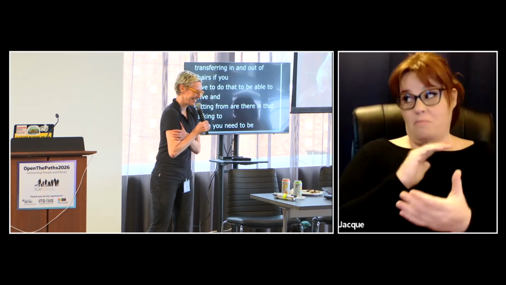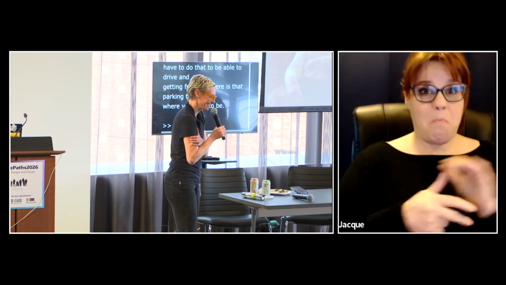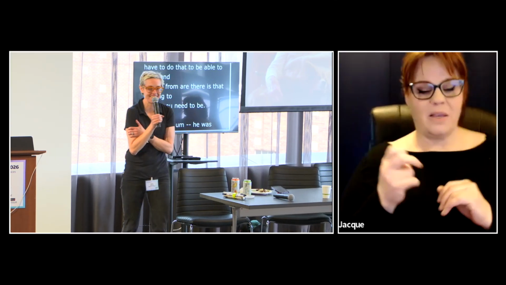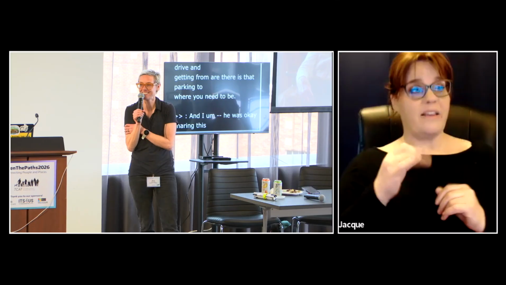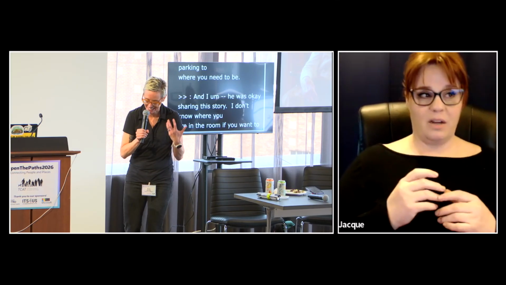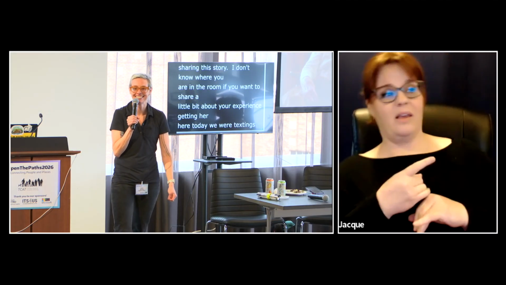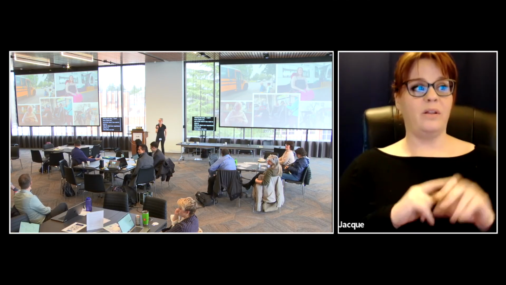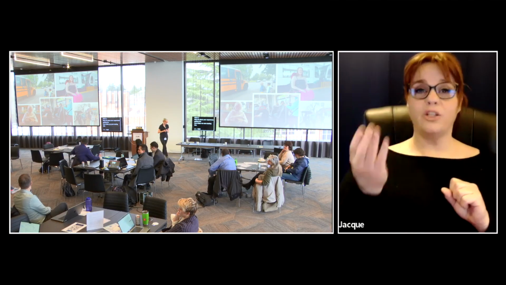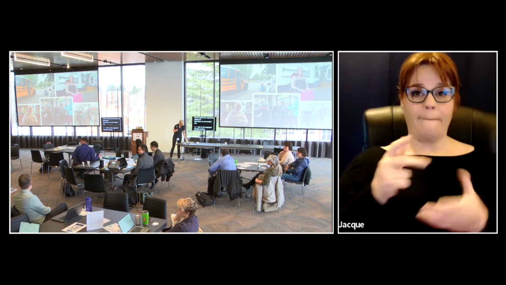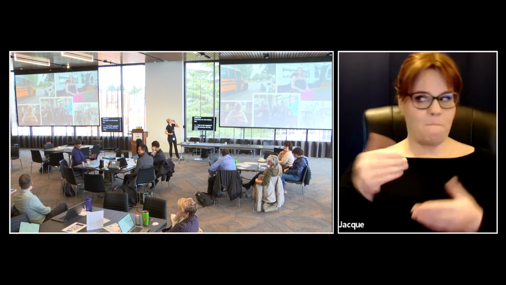Dorian said he was okay sharing this story. Dorian, I don't know where you are in the room, but if you want to share a little bit about your experience getting here today, we were texting as I was on the train trying to come up here about this. Yeah, so the suggested disability parking, the hub, which is closer by, was full.